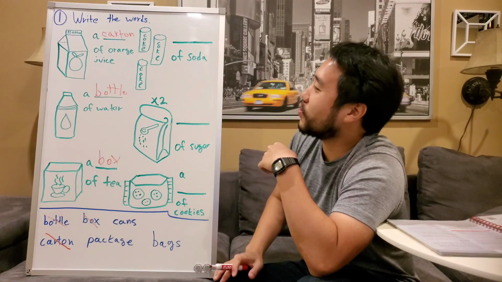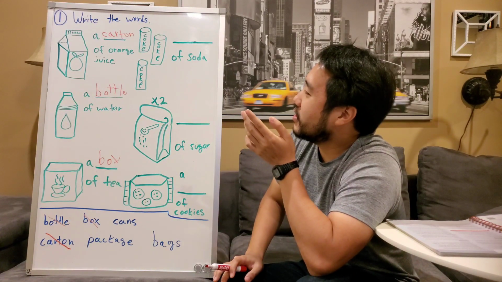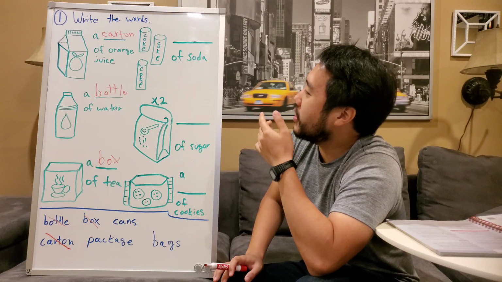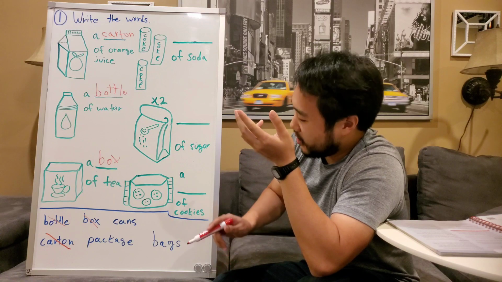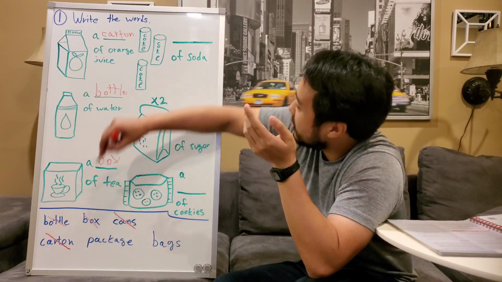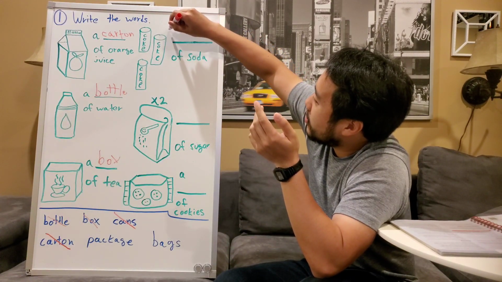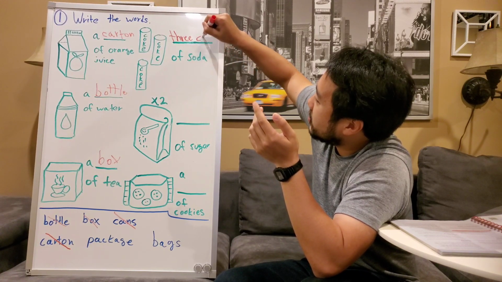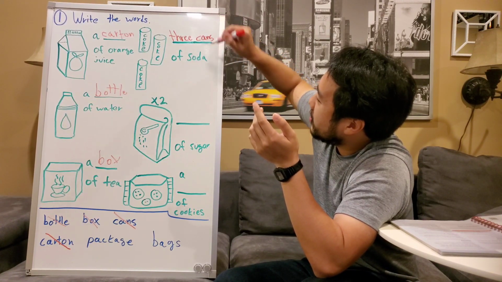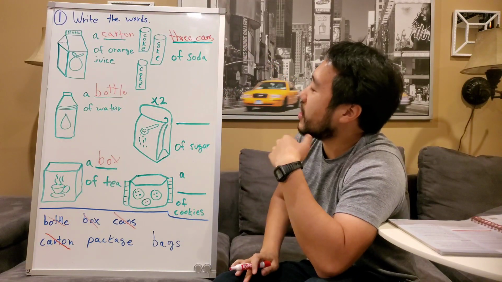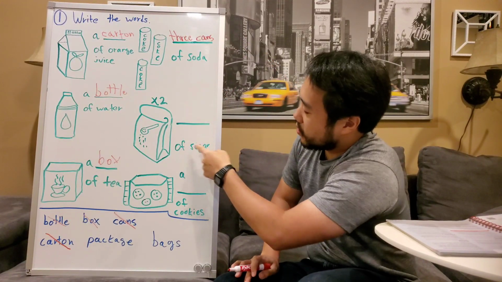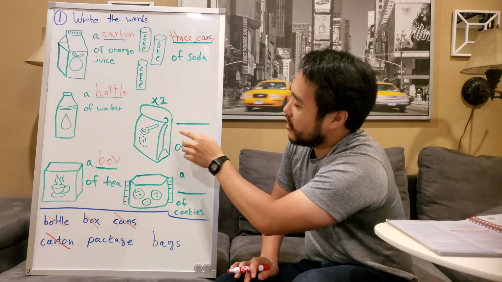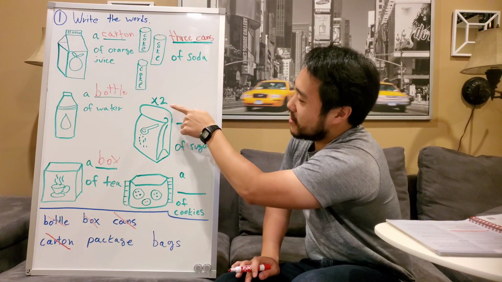Here I drew 3 sodas, so we have to say cans. So there are 3 of them, 3 cans of soda. Here there's supposed to be 2, but it's kind of hard to draw another one, so I just said multiply by 2.